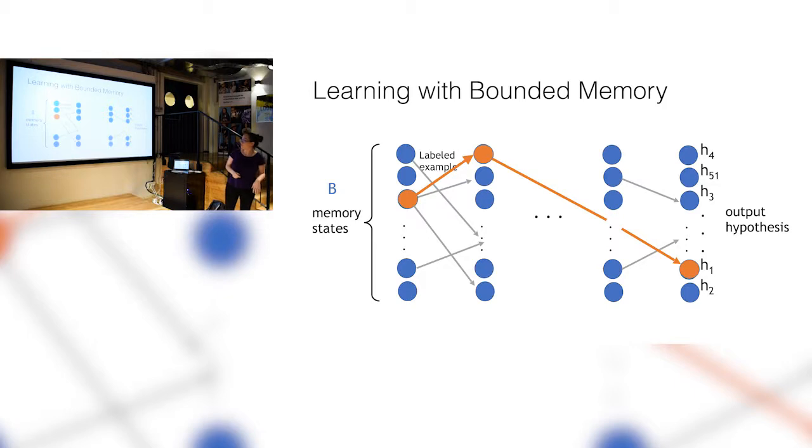At the beginning, we start in some memory state. Then we get some random labeled example, and we continue in this way. And we end up with some hypothesis at some vertex at the end. So one run of the algorithm simply means one path in this graph. Okay?